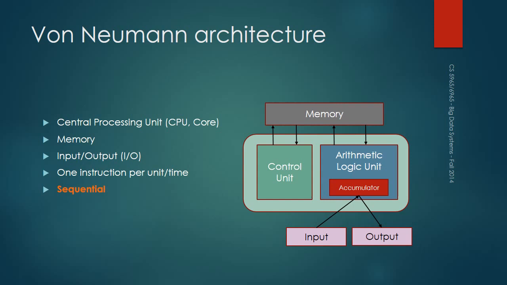At a very theoretical level, the fundamental definition is that you can only execute one instruction per unit of time. And this one instruction refers to both the instruction that you want to execute as well as the data. So think of this as the dumbest single core performance that you can think of. The problem that you're going to have is that I doubt if there is any true von Neumann machine in this room.